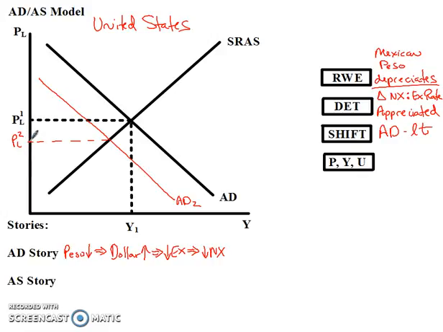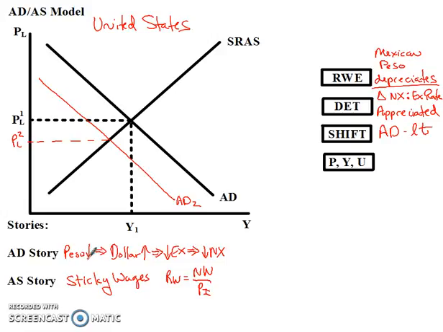That leads us to the aggregate supply story, which is going to be sticky wages. Remember, the real wage is equal to the nominal wage divided by the price level.